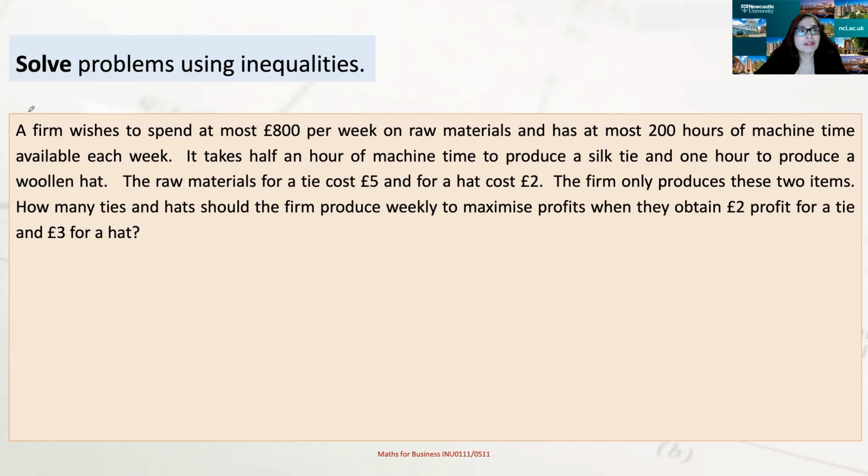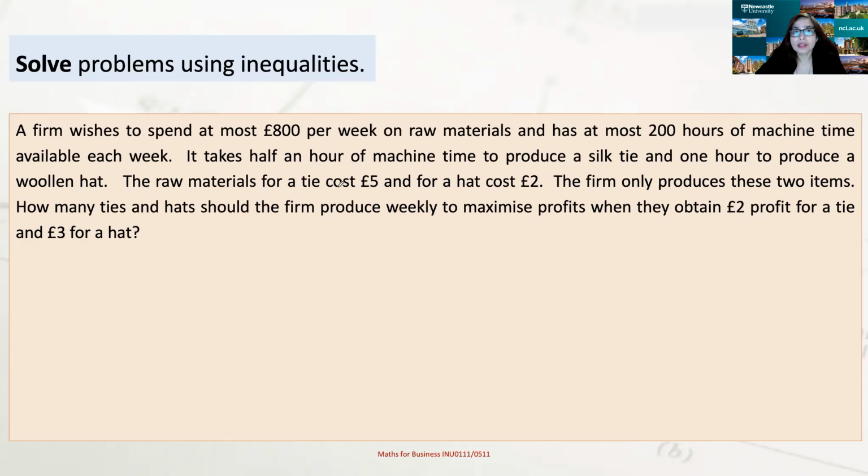A firm wishes to spend at most 800 pounds per week on raw materials and has at most 200 hours of machine time available each week. It takes half an hour of machine time to produce a silk tie and 1 hour to produce a woolen hat.